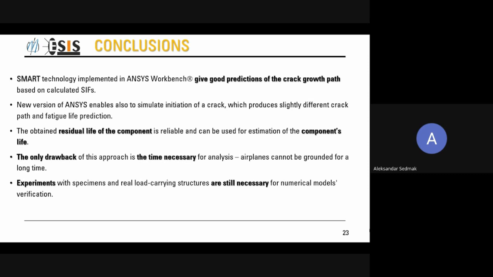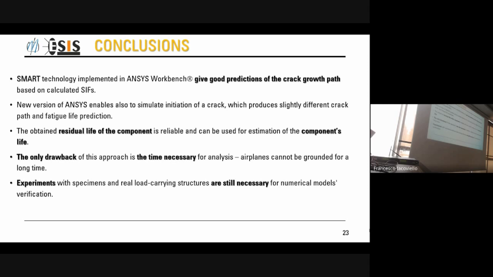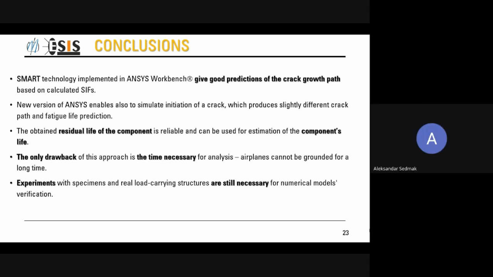Also the number of cycles is quite close to the real ones, and that means that the crack path has to be also correct. As I already mentioned, the new version of ANSYS also enables simulating initiation of a crack. That's very important. And residual life of components, as I just said, is reliably predicted.